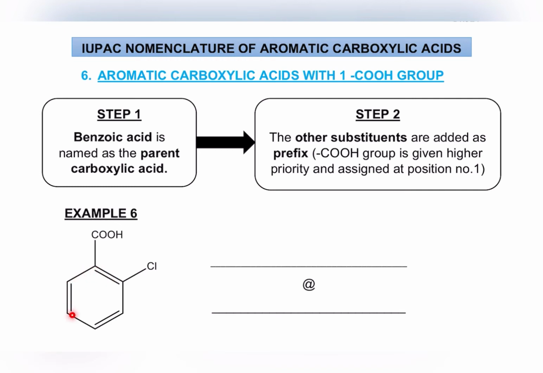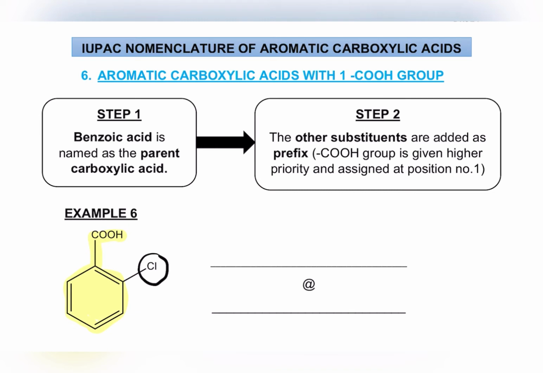This is your benzene attached to 2 functional groups. As before, carboxyl will be the priority. So the parent name will be all this structure that I highlight in the yellow color. So this one is benzoic acid. Automatically, Cl atom will be substituent, and this is chloro.